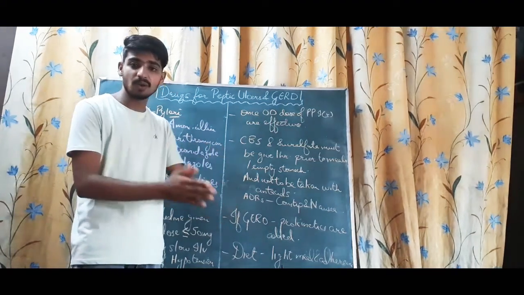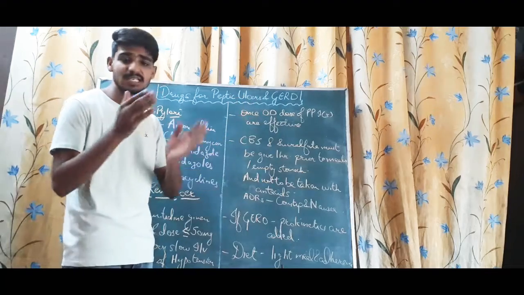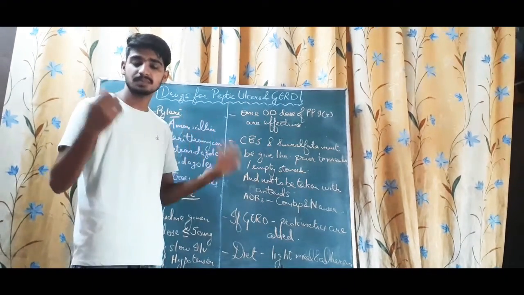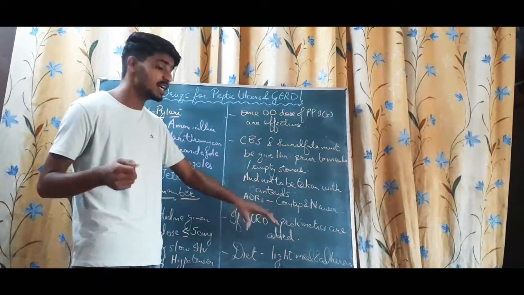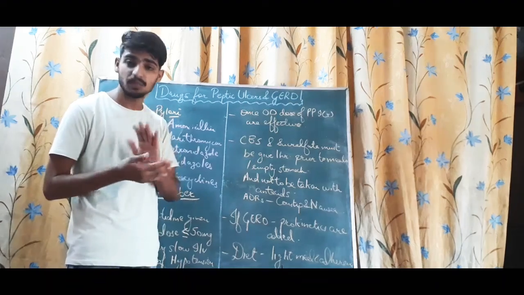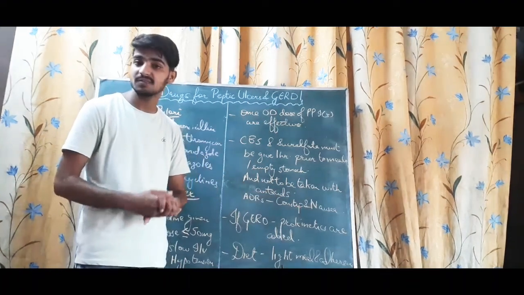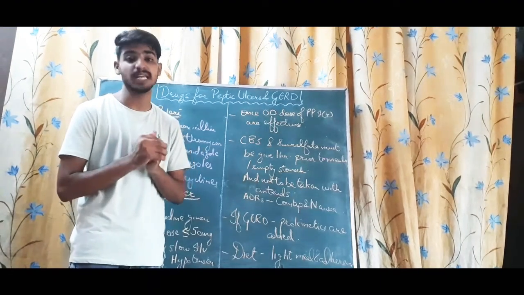And apart from the H2 antihistamines, there is a choice, H2 antihistamines we can give, but proton pump inhibitors are more potent. So in GERD we give mostly proton pump inhibitors, and then sometimes prokinetics are given. So prokinetics, what they do, they increase the gastric motility.